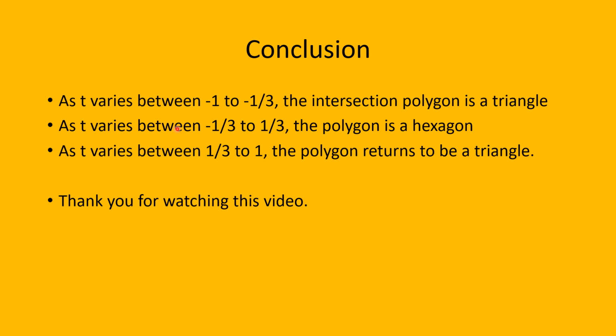As t varies between minus 1/3 to 1/3, the polygon changes to a hexagon in that range of t values. And as t varies between 1/3 to 1, the polygon of intersection once again returns to be a triangle.